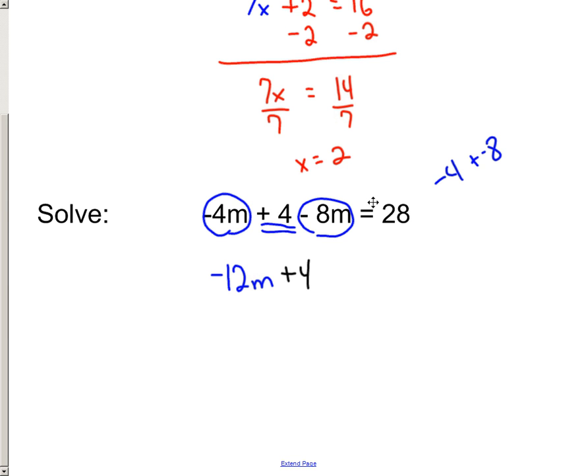Now, if you're wondering why I didn't do 4 and 28, it's because they're on different sides of that equal sign. We can't combine like terms that are on different sides of the equal sign. That's just a rule, and so we don't question it. So the negative 4m minus 8m is replaced by the negative 12m. And if you notice, after I combine these two terms, I slid it right into the first part.